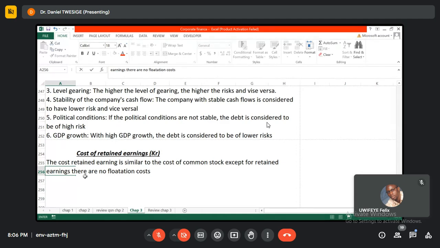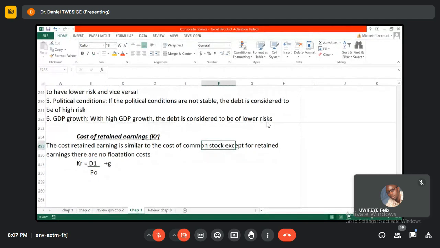So in case you need to calculate, KR equals D1 over P0, then plus g. So it's the same cost that you compute for retained earnings.